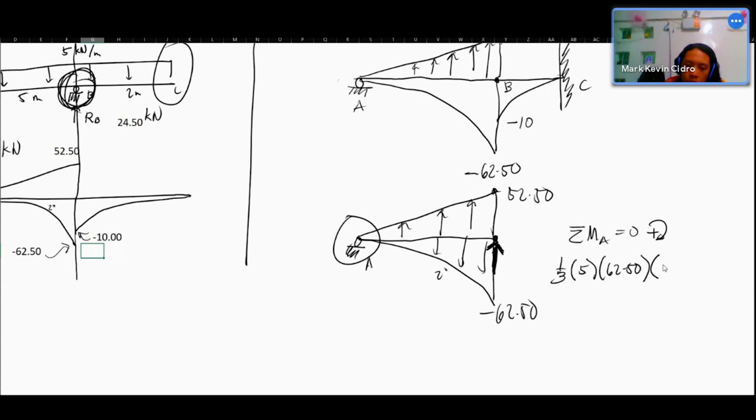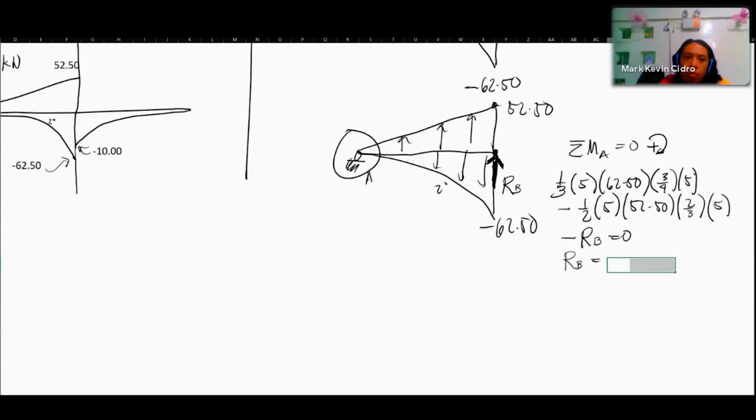The moment arm is 3/4 of 5. Plus minus the one from 52.5, that is a triangle, 1/2, the base is 5, the height is 52.50, the moment arm is 2/3 of 5. Let's name this RB, the reaction at RB. This is equal to 0. There's nothing else, right? What's RB? RB times 5 also.